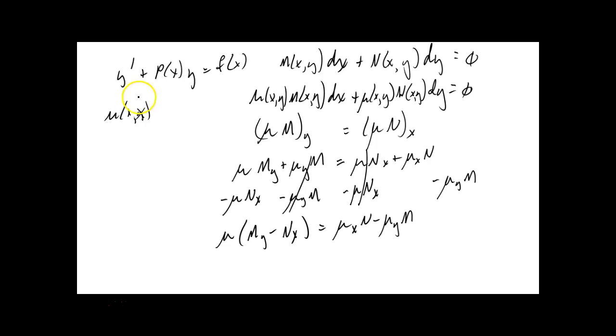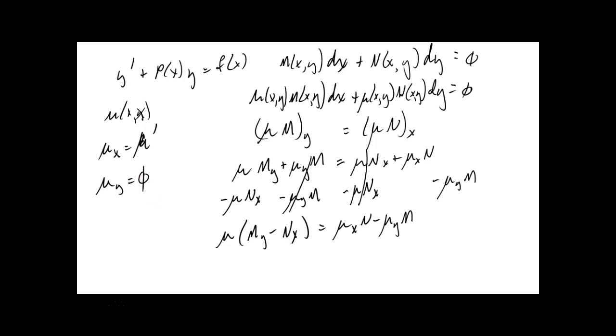If this is indeed true, then what we've been calling mu sub x will now be mu prime, because it's only the derivative with respect to x. And what we have been calling mu sub y, because it doesn't depend on y, is 0.